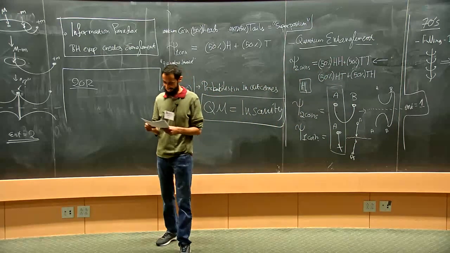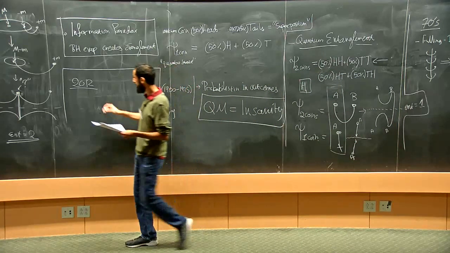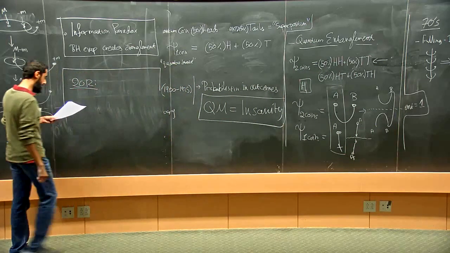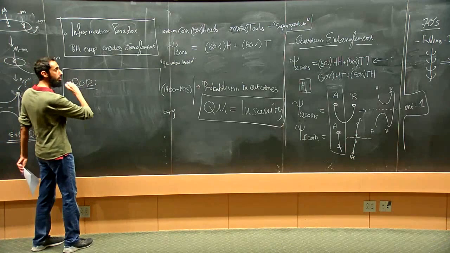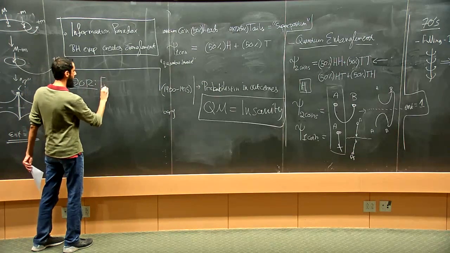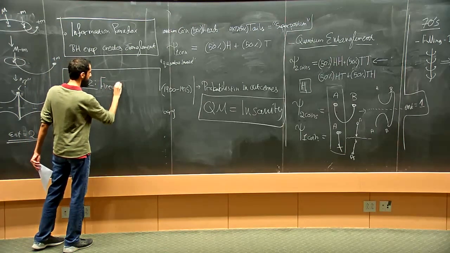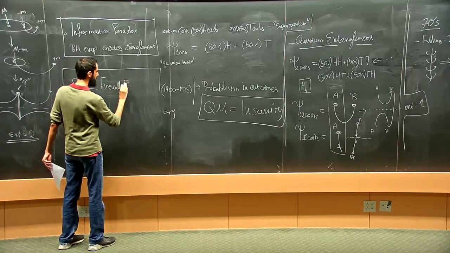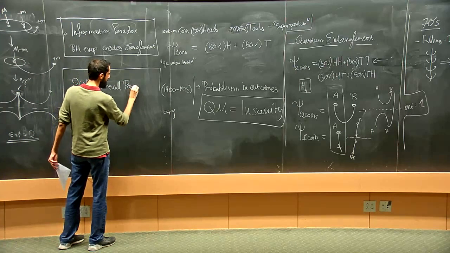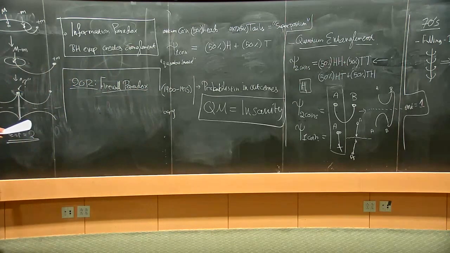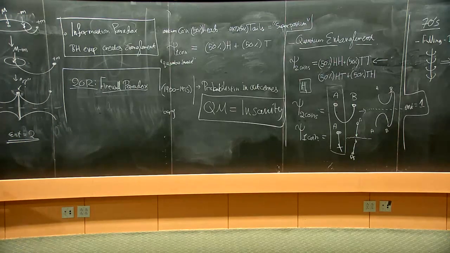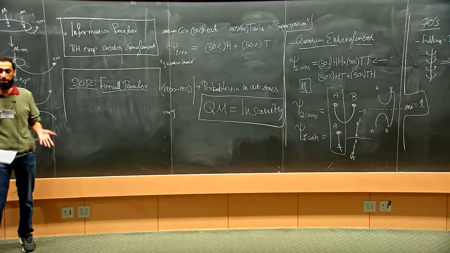Those are tiny. Anyways, so I was going to zoom to 2012. This topic I'm going to call the Firewall Paradox. In 2012, something was happening here at the KITP.